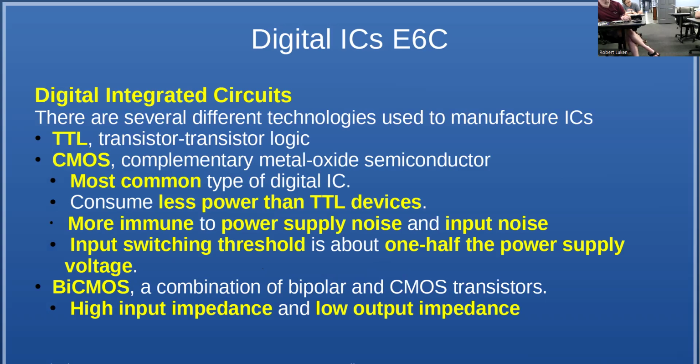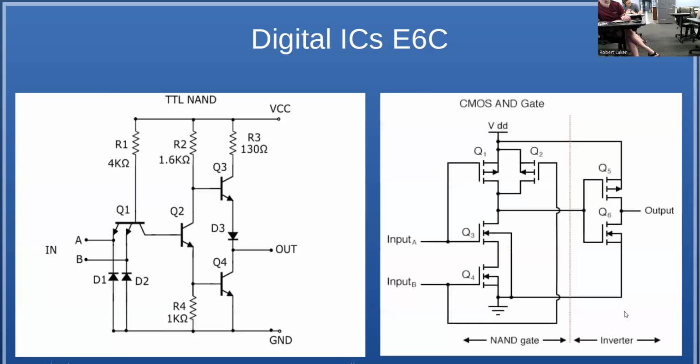I got it backwards. You get the high impedance or low input power from CMOS and the output power of a bipolar. CMOS devices don't typically carry as much power as you can do with a bipolar device. I've never actually used a BiCMOS device, but they are around.